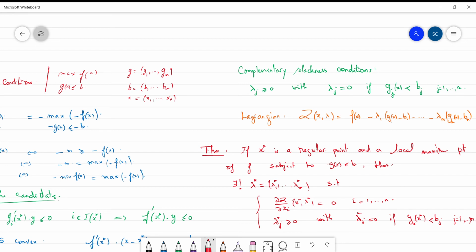Okay, so these are called the Karush-Kuhn-Tucker conditions. I will write it. Karush-Kuhn-Tucker conditions. Okay, so they are satisfied.